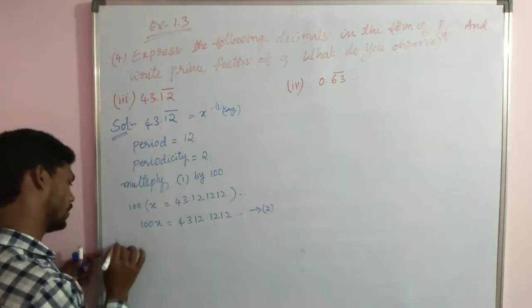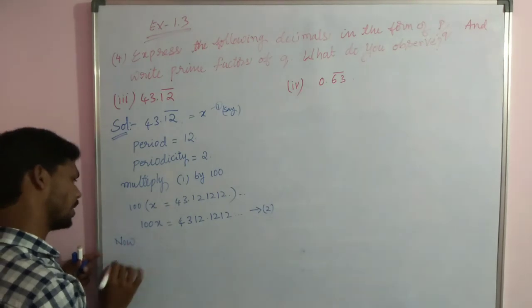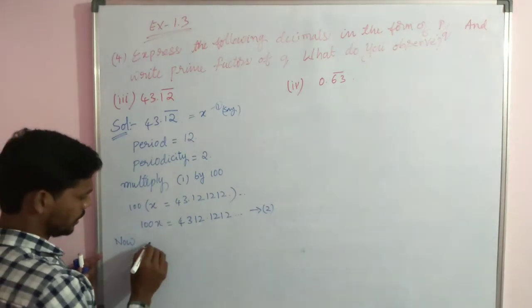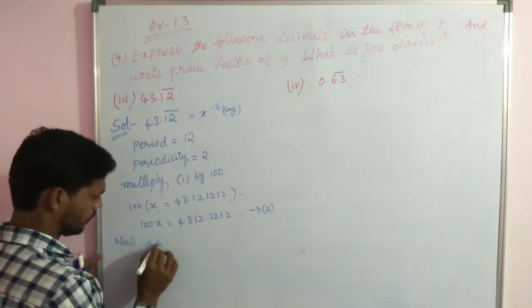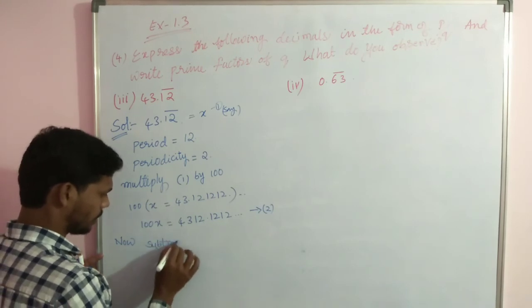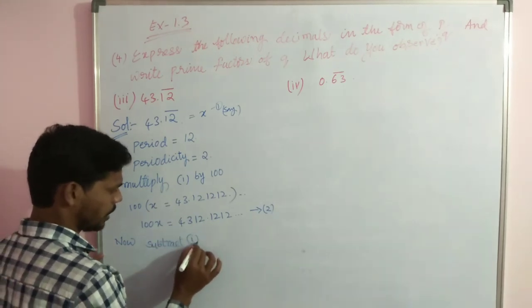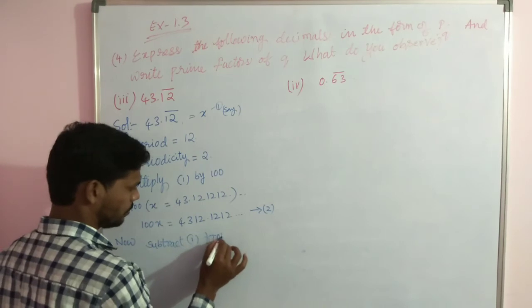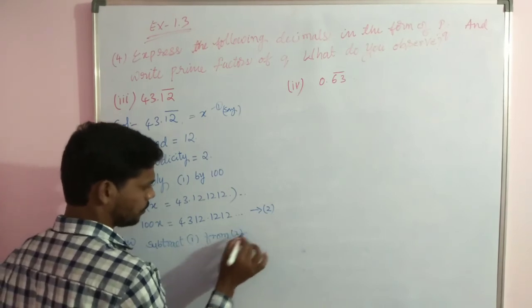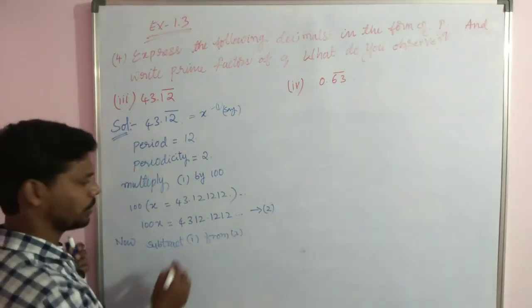Now what do you do? Subtract equation 1 from equation 2, that is 2 minus 1.